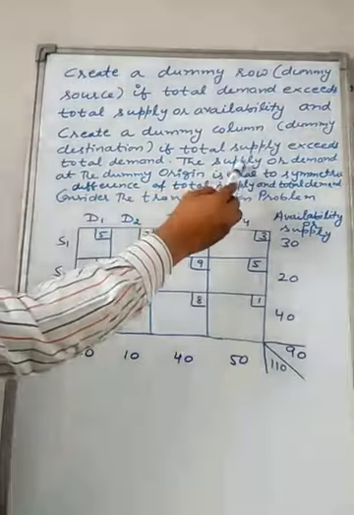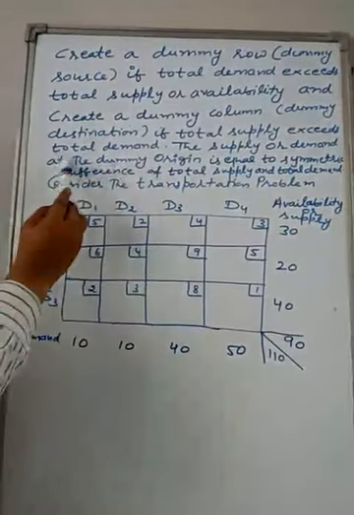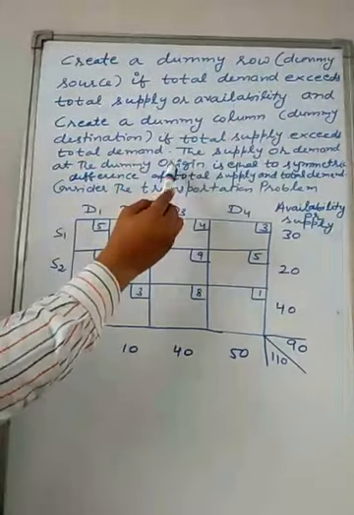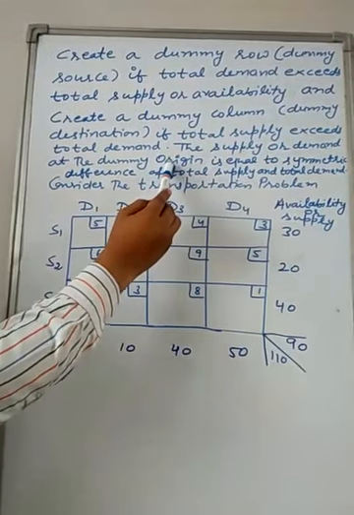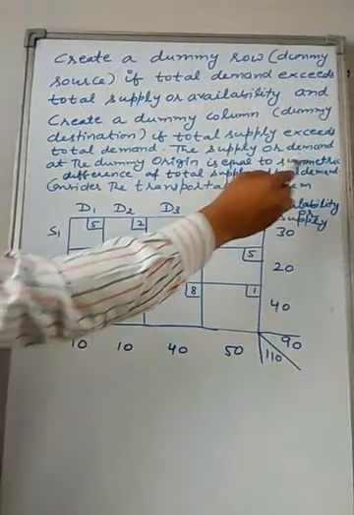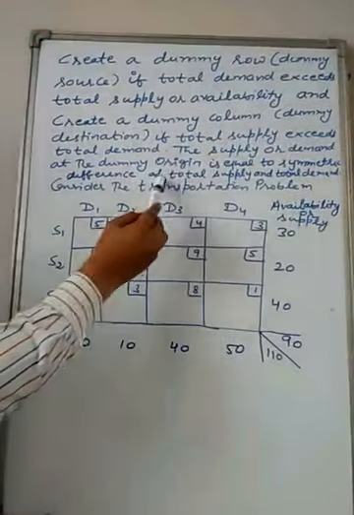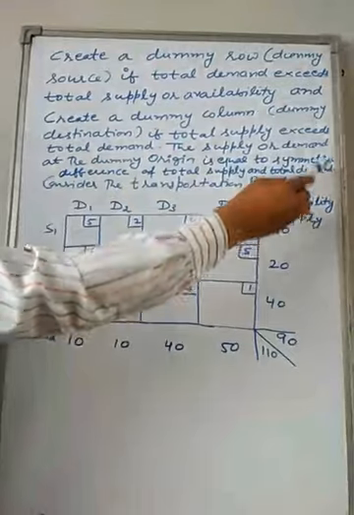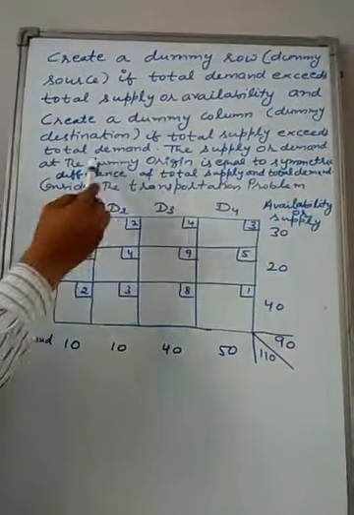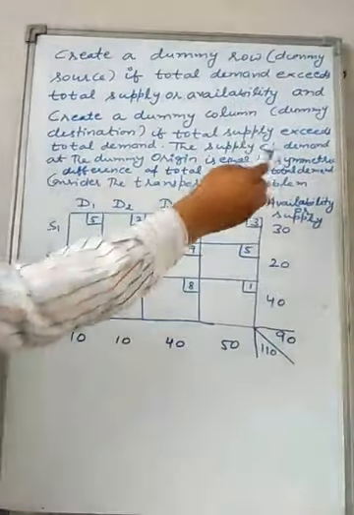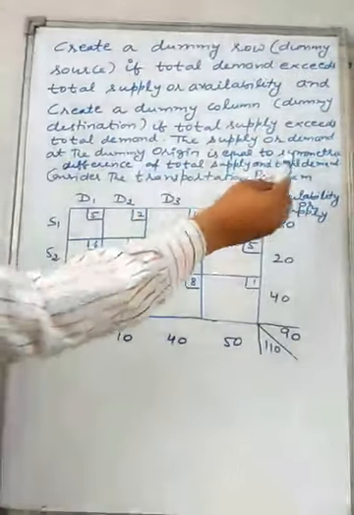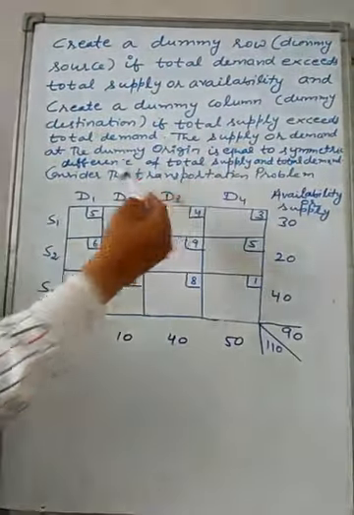The supply or demand at the dummy origin, by dummy origin we mean dummy source or dummy destination, is equal to the absolute difference of total supply and total demand. By absolute difference we mean we only take the difference and ignore the sign of that difference.